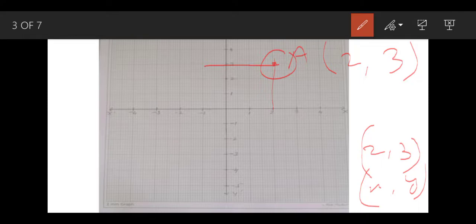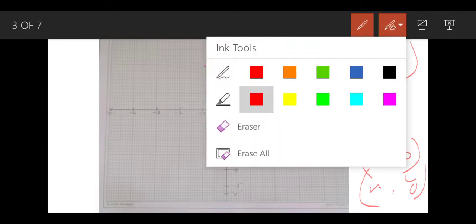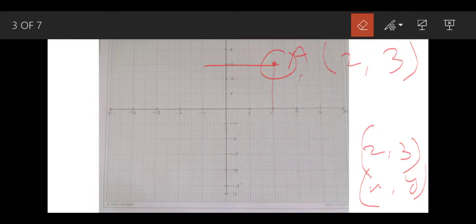In that case, we will take x as 3 and y as 2. So that will be the intersection point of these two lines. It will change the point. So do remember the order. That's why it is known as ordered pair.